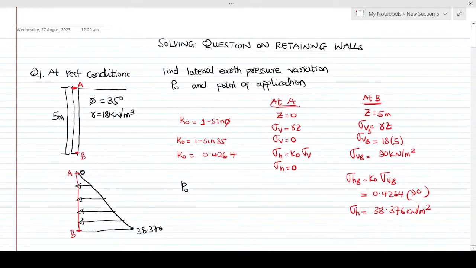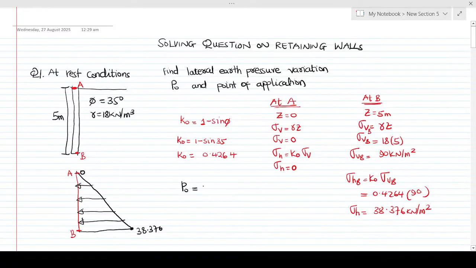So after drawing the variation of the forces on the retaining wall, you can find the force, the force per unit width along the retaining wall, which is given by the area of the variation.